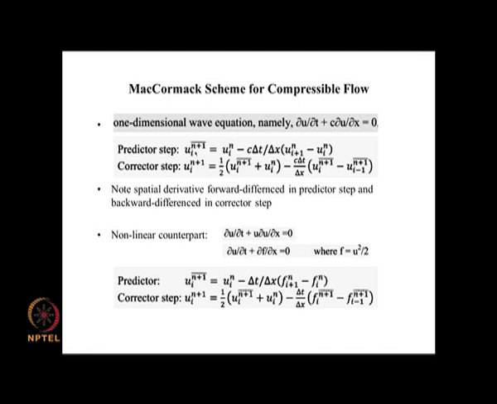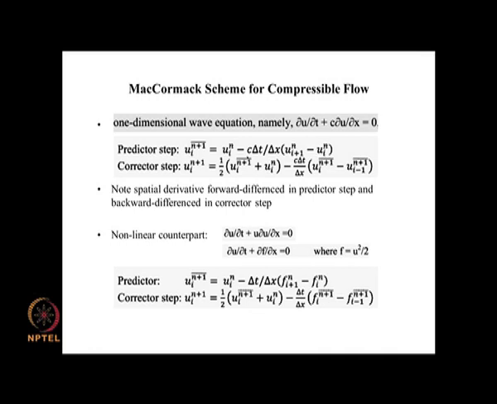So, in the simplest form, you have a provisional value of u_i^{n+1 bar} given by the old value minus c delta t by delta x times (u_{i+1} minus u_i) at n.